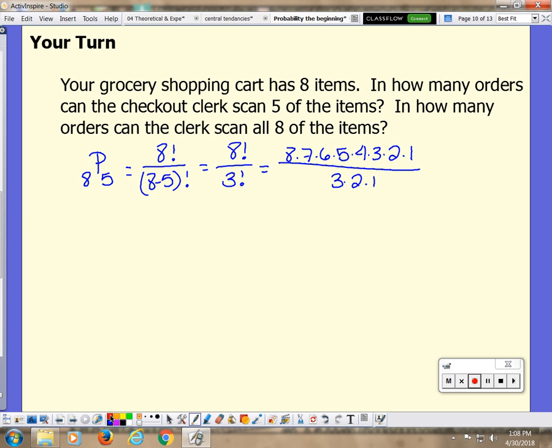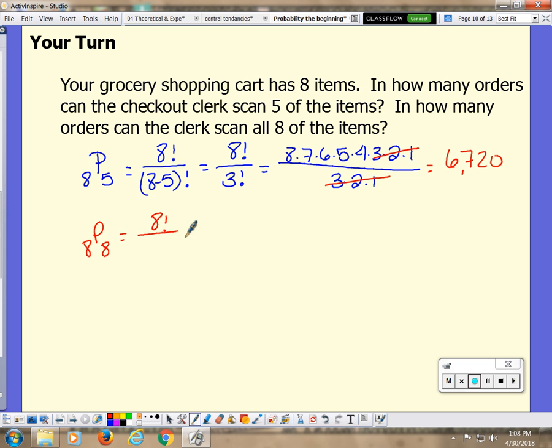So when I'm doing this, I say these cancel, and in my calculator I'm taking 8 times 7 times 6 times 5 times 4. And when you do that, you will get 6,720 different ways in which you can put 5 of your 8 items on the conveyor belt at the grocery store. Now we've decided we're going to put all of them up.